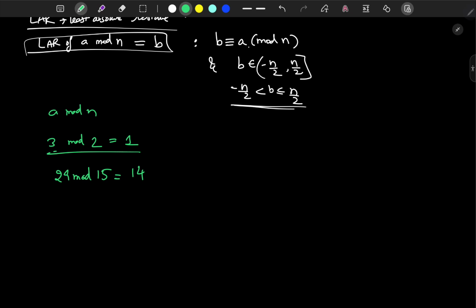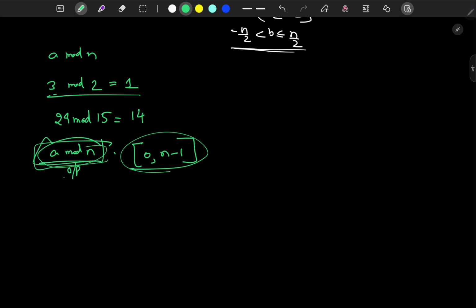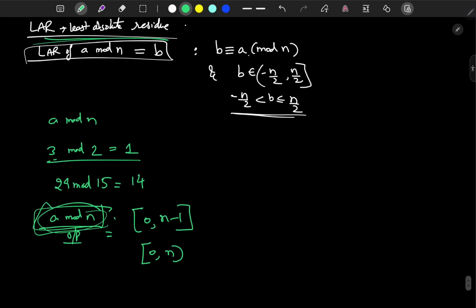The way we have defined it in our classes, a mod n is always a value from 0 to n minus 1. Now this least absolute residue is saying that the output range should be from minus n by 2 to plus n by 2.